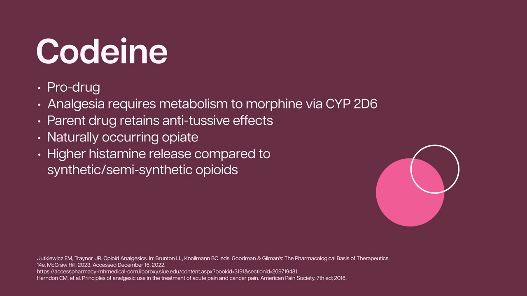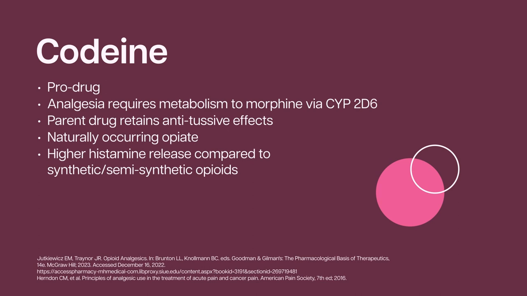While the parent drug retains the antitussive effects, analgesic effects require metabolic activation to morphine by the CYP2D6 enzyme. There are many polymorphisms associated with this enzyme, resulting in poor activity, intermediate activity, or ultra-rapid function.